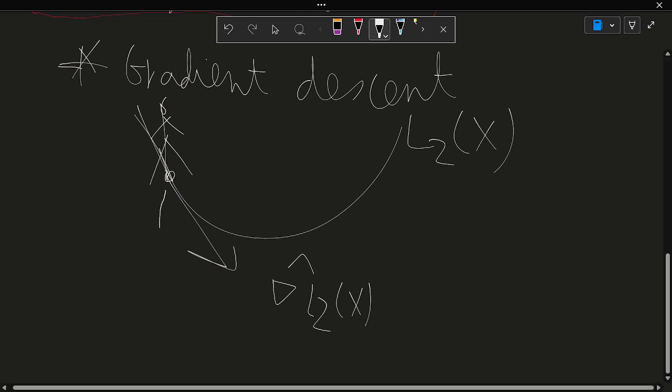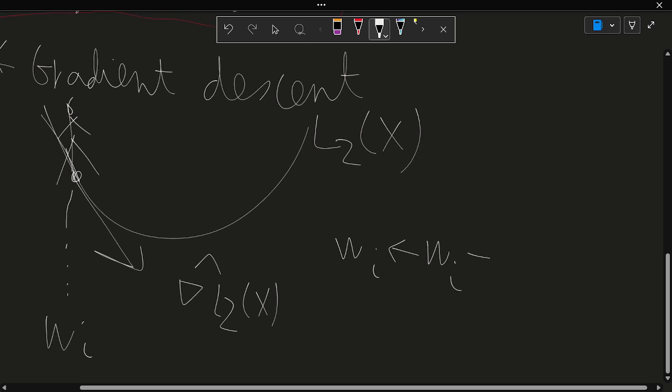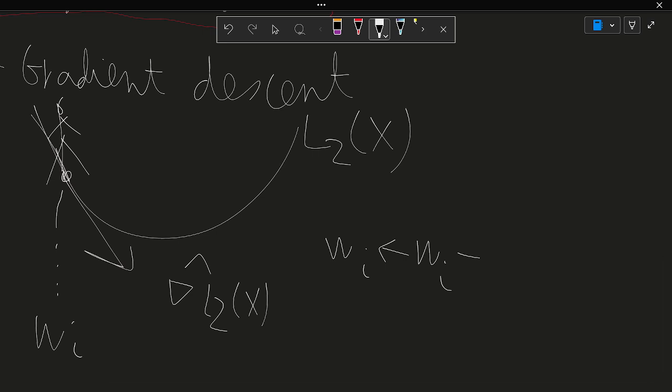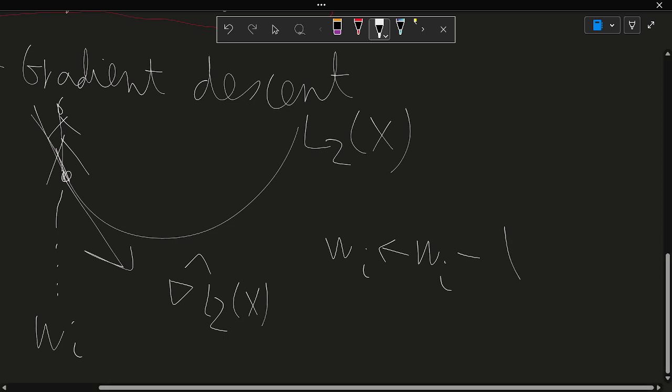For example, say this was Wi. So you will update Wi as being Wi minus the magnitude, I guess, of the parameters that you have over here. It's kind of arbitrary, but let's just say a value lambda, right?